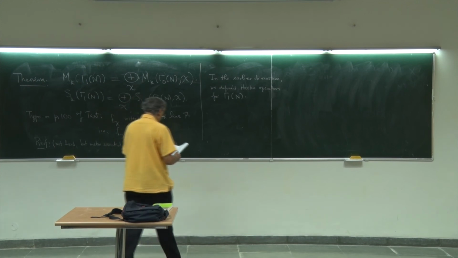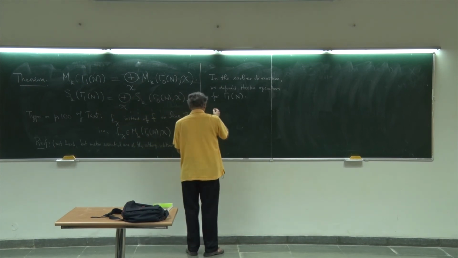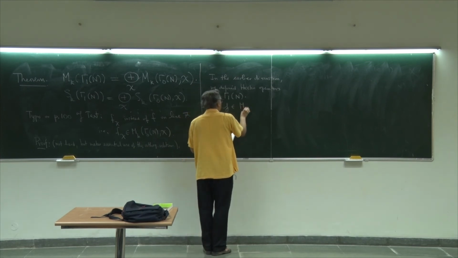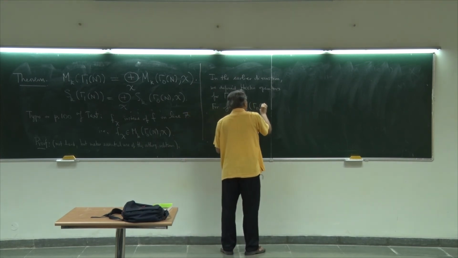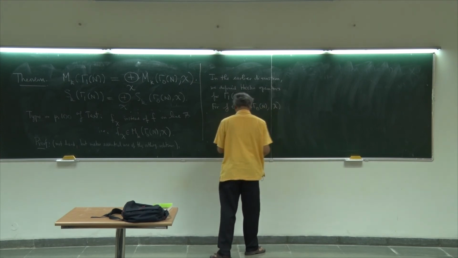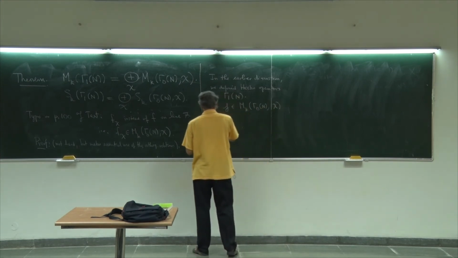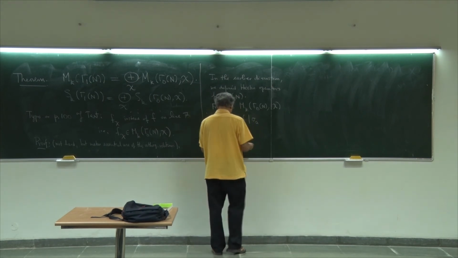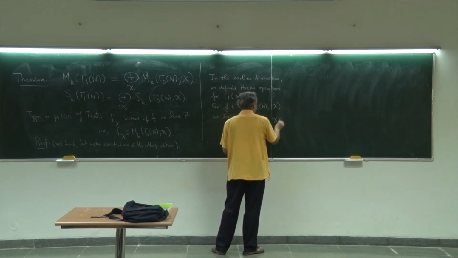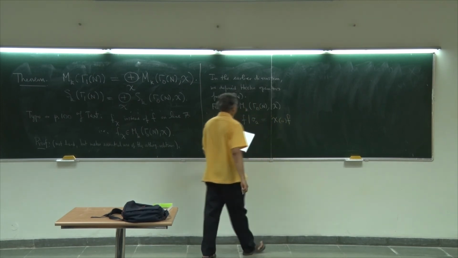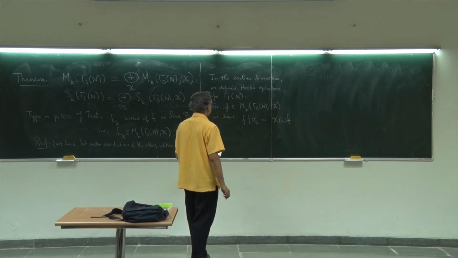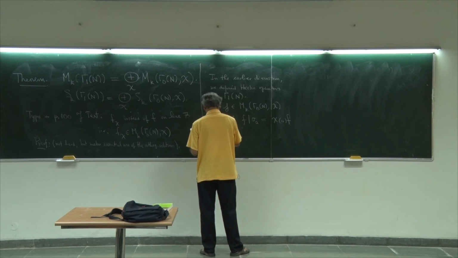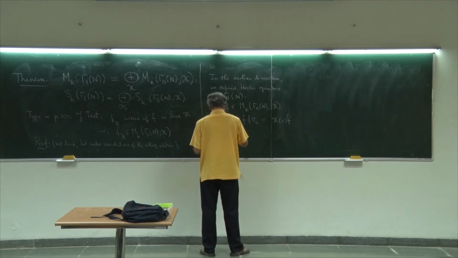And from that perspective, it makes sense to define, for f in M_k of gamma naught of N, chi, we have f slash sigma sub a equals chi of a times f. So we set T_n of f.